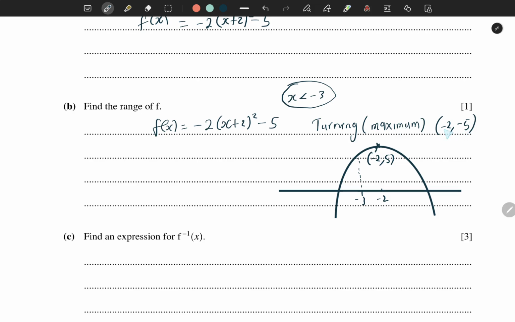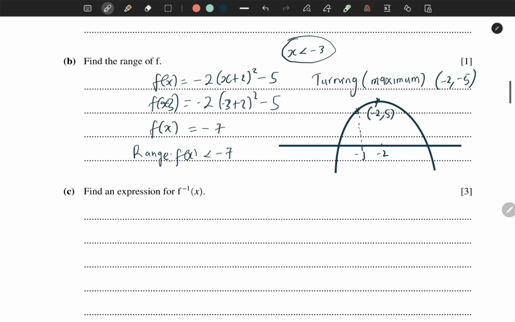You cannot choose this as your minimum or maximum again, so you just use direct substitution. It means that when x is minus 3, you get the maximum value. So put minus 3 there. That's minus 2 in brackets, minus 3 plus 2 squared, then minus 5. And of course this should give us what? That should give us minus 7. So the range here is f of x less than what? Minus 7. You don't use less than or equal to, because what you have here is less than.